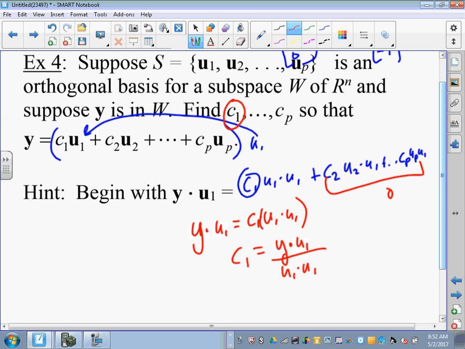And so therefore, what do you think c2 is going to be? Oh, replace u1 with u2, exactly. So y dotted with u2 over u2 dotted with u2, and so on. So we can find those constants if and only if we're talking about an orthogonal basis. Okay, if and only if we're talking about an orthogonal basis.